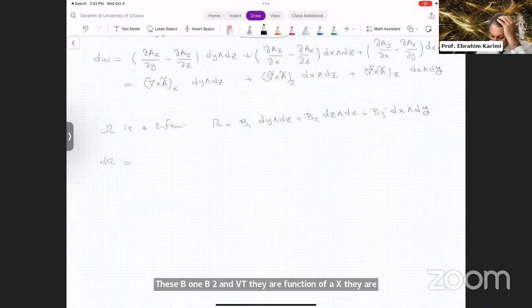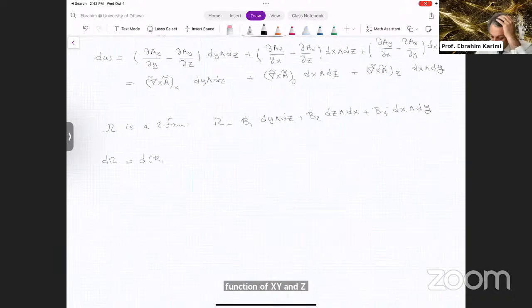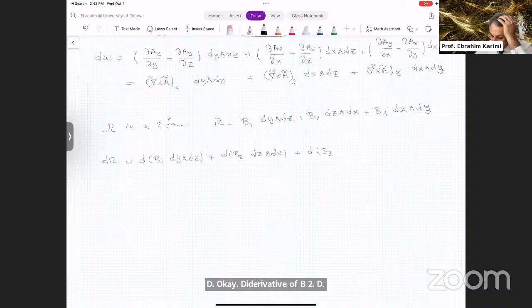So the derivative will be the derivative of B1 dy dz, the derivative of B2 dz dx, the derivative of B3 dx dy, and so on.